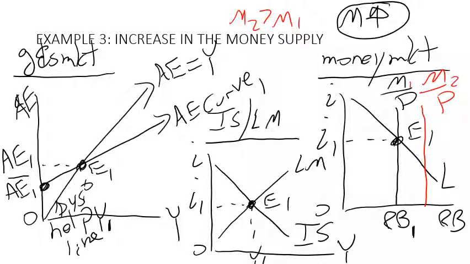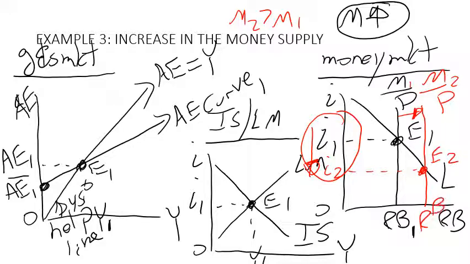M2 is greater than M1, thus causing this rightward shift, because P is constant, it's predetermined. So this increase in the money supply shifts the money supply curve to the right, and now we have a new equilibrium, E2, and that will drop the interest rate from I1 to I2, and it will also increase the real balances level from RB1 to RB2.